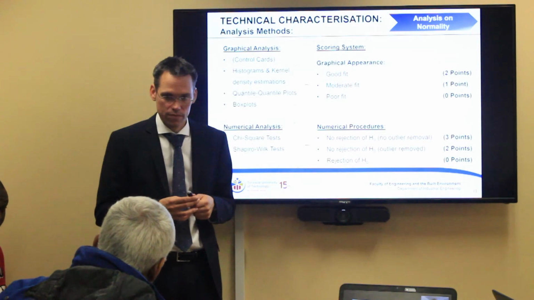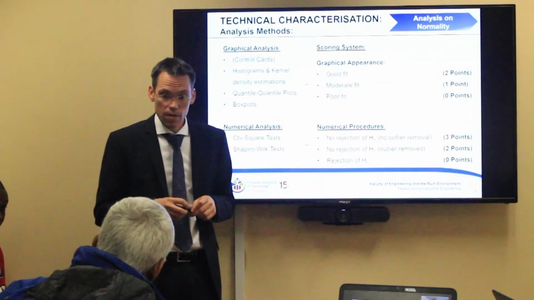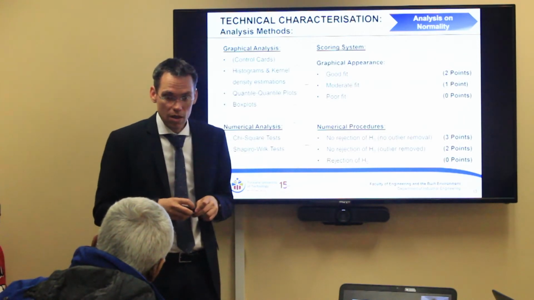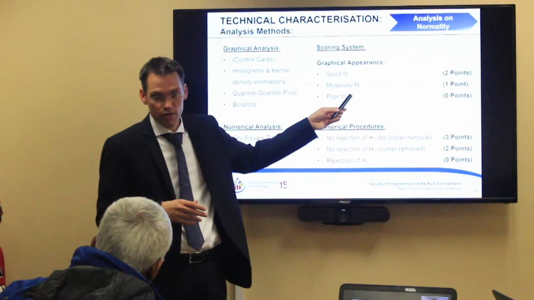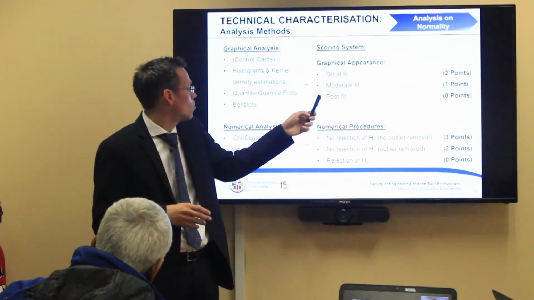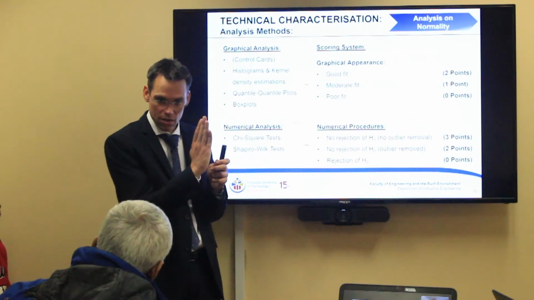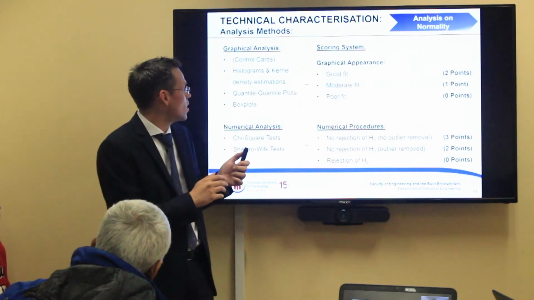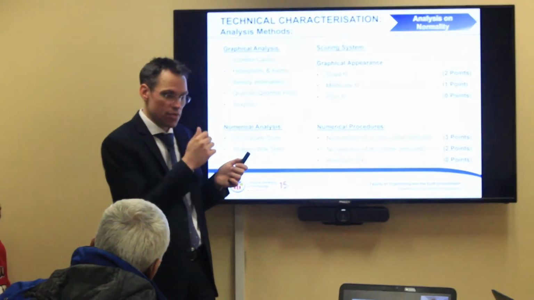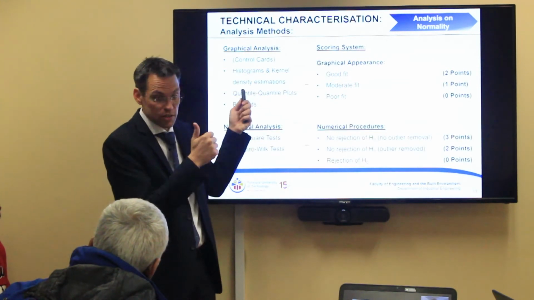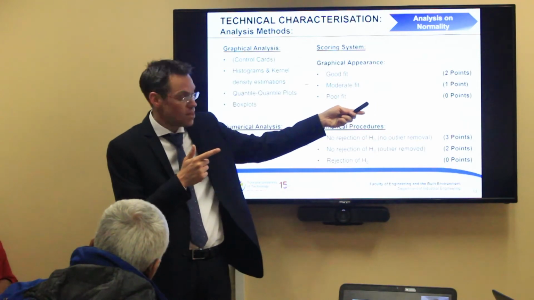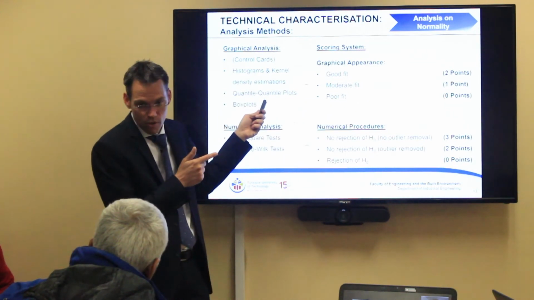Yes. And the moderate was between how many points? Moderate. Well, it's for each plot on each feature. So when I get, let's say, tensile strengths for vertical orientation, ultimate tensile strengths, then I look at the histogram. If it's a good fit, it gets 2 points. Then I look at the quantile plot.